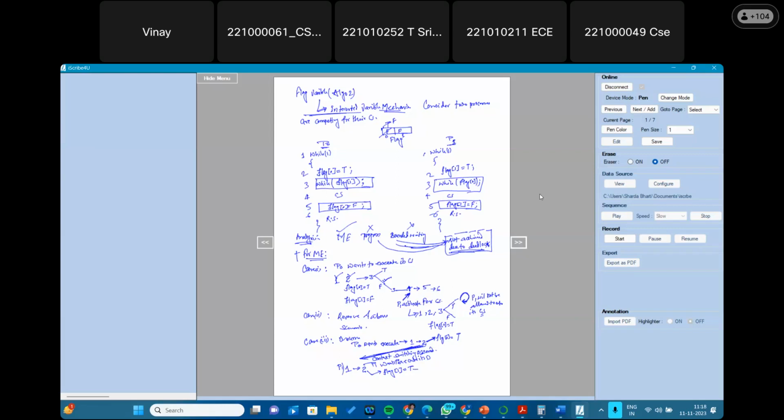So now it comes to the third statement, true, false. It will check flag 0. Of course, flag 0 is true, so it will be in the loop. So P1 will not be executing its critical section.